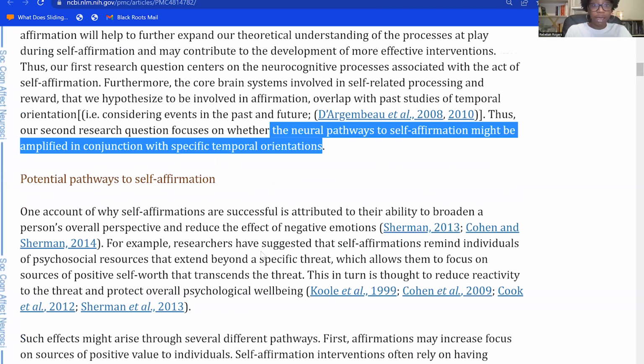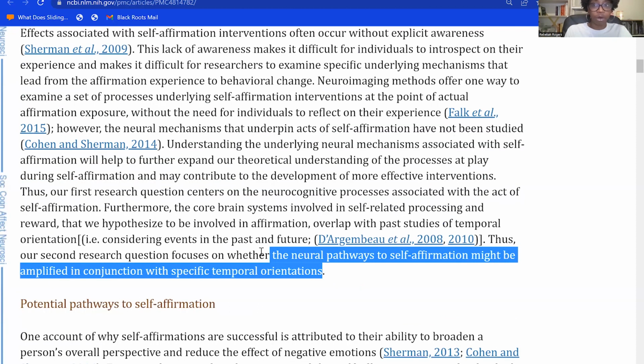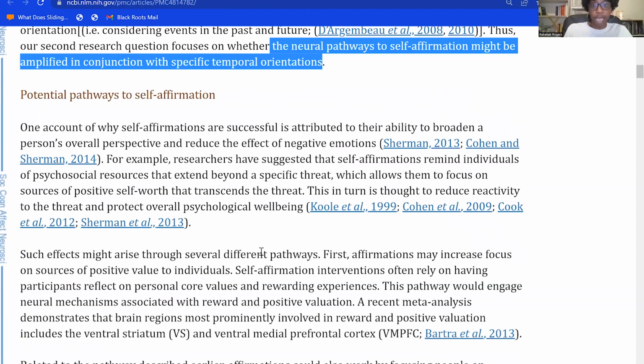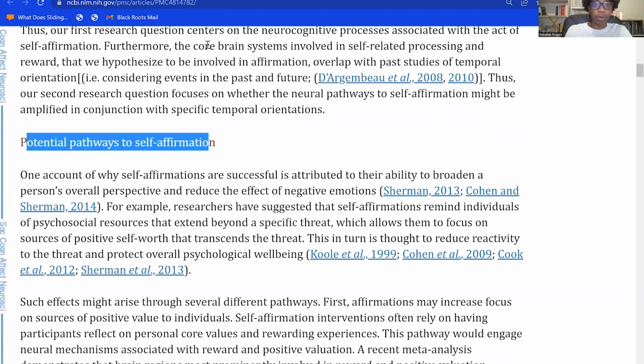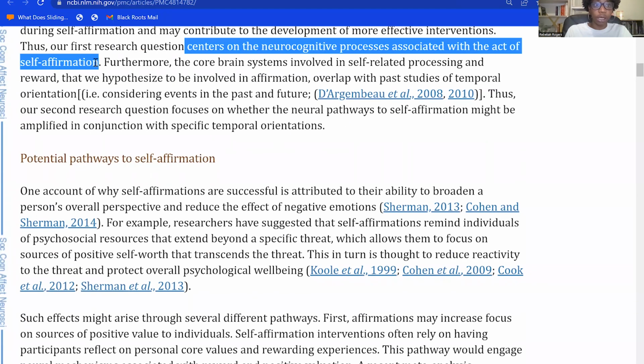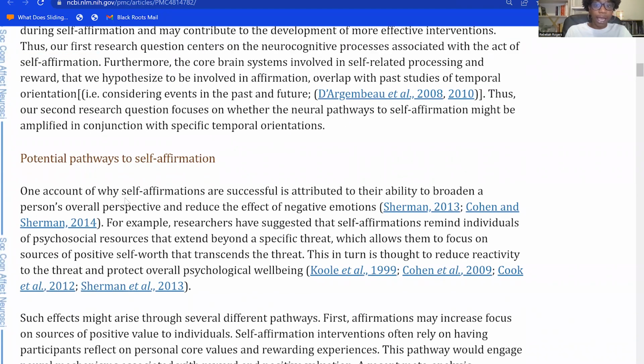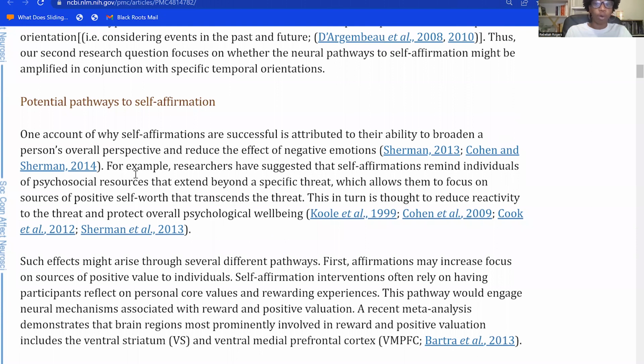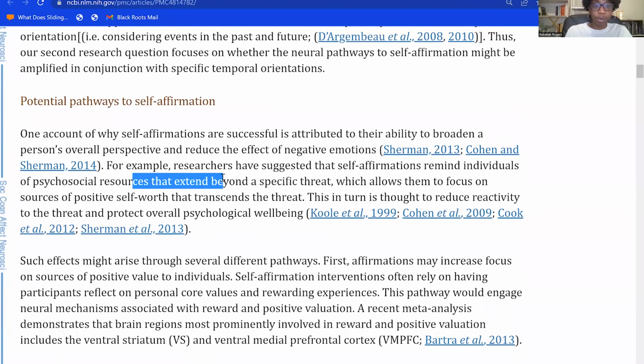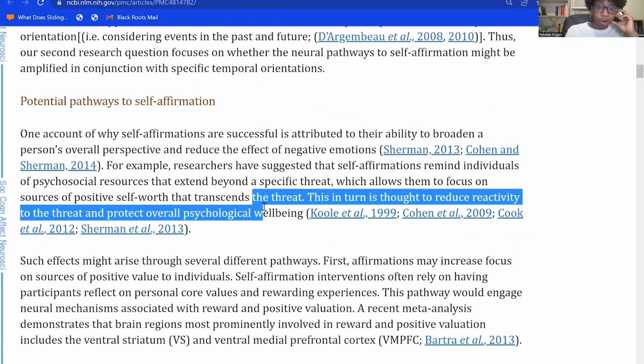So then now it looks like it's proposing even further descriptions of each of those research questions. So the pathways to affirmation, we said, was going to be the first research question. And so accounts, and so on. Now it's just giving more background on why there are going to be potential ones. Turn to thought, well-being.